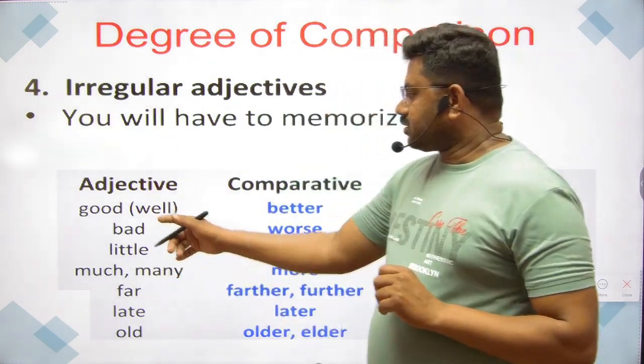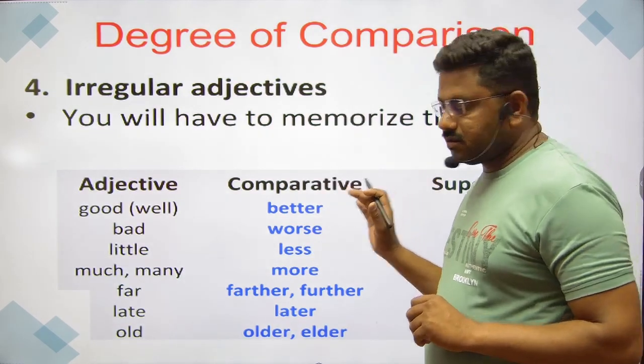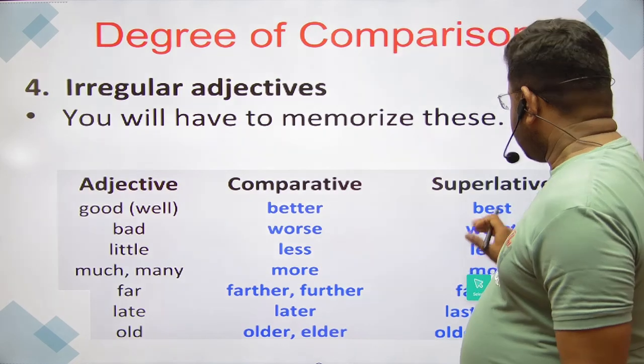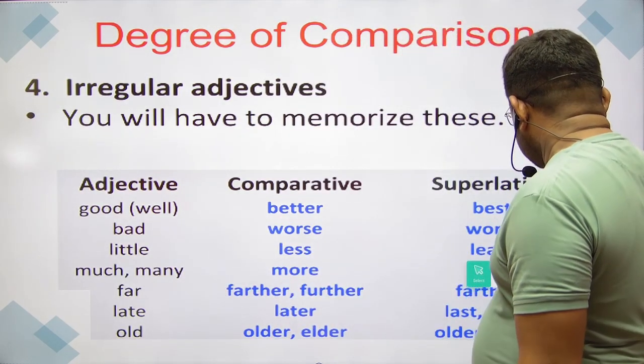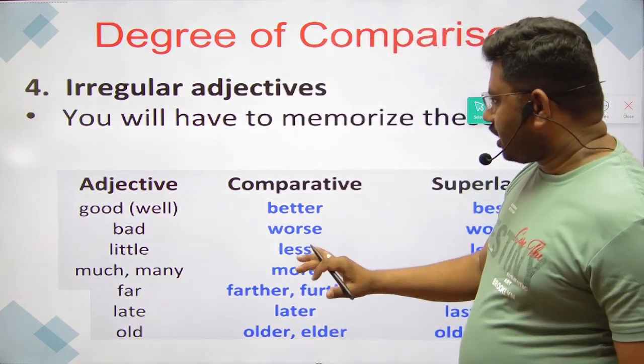See the first example: good, better, best. Second: bad, worse, worst. Little, less, least.